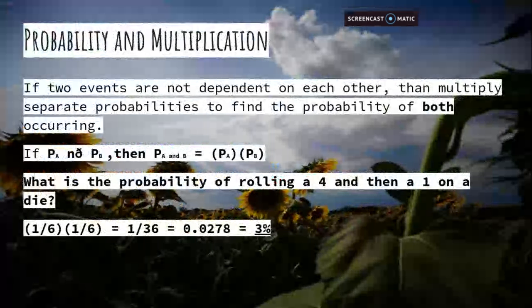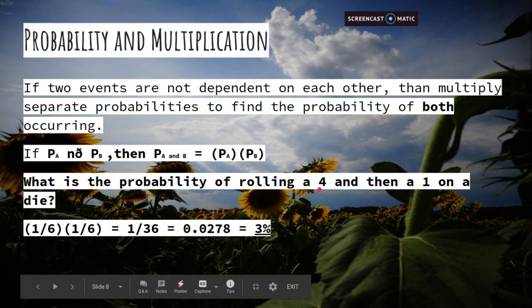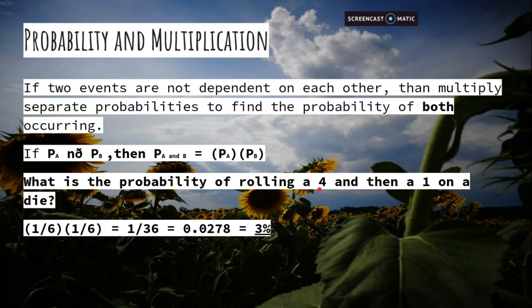So, sometimes you also have to do multiplication. If two events are not dependent on each other, then multiply separate probabilities to find the probability of both occurring. So if you want to know what's the probability of rolling a 4 and then a 1 in sequential rolls, so they're not dependent on each other. Not dependent can be represented with n th, but you can just say not dependent.